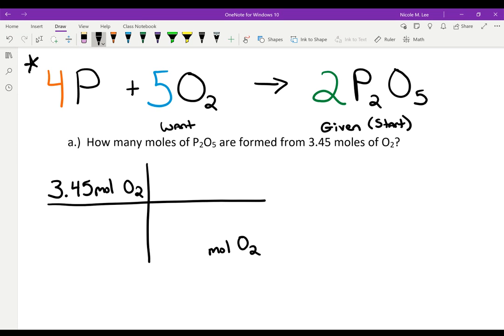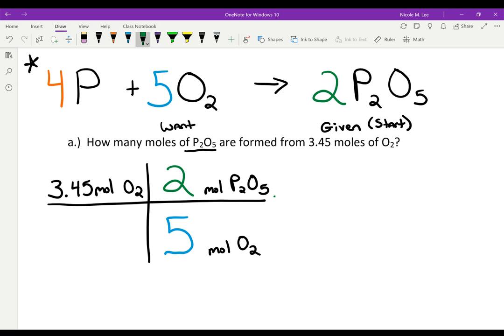You see O2, you have 5 moles of O2. And for every 5 moles of O2 that react, how many moles of P2O5 are produced? That's what I'm solving for. So up here, it's going to be moles of P2O5. And when you look at your balanced chemical equation, it's 2 moles of P2O5.